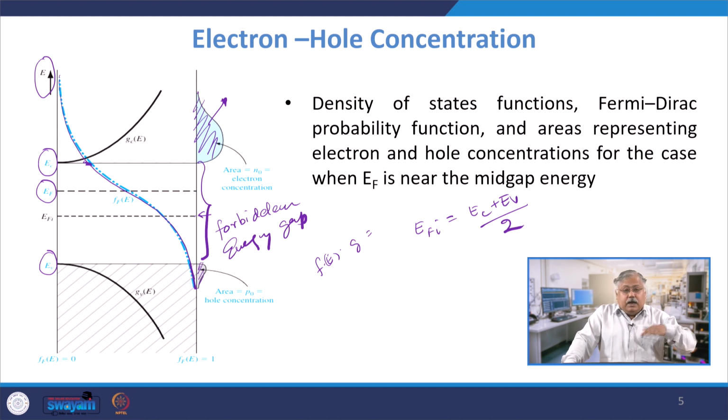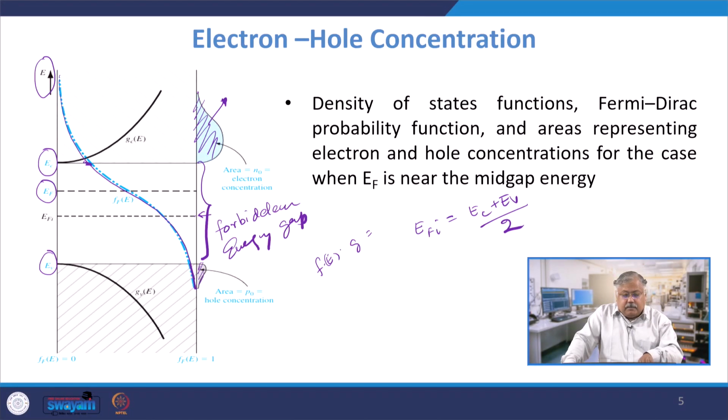Now theoretically you can do this yourself: bring EF closer to EFI. Then the number of electrons will be exactly equal to the number of holes. Why? Because electrons that were in bound states in the valence band, at higher temperature or even other temperatures, jump the forbidden energy gap and go to the conduction band.